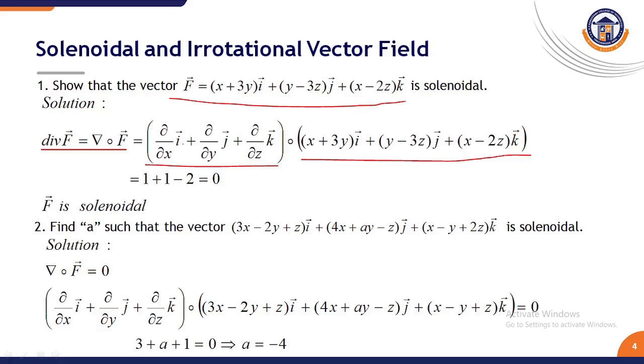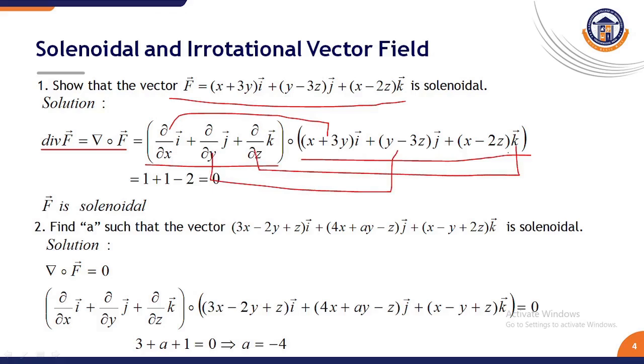That means dou by dou x of i plus dou by dou y of j plus dou by dou z of k, dot product of F vector, x plus 3y into i plus y minus 3z into j plus x minus 2z into k. So here multiply the components i into i, j into j, k into k. So the remaining components are 0. That means i into j, j into k, i into k, these components are 0.